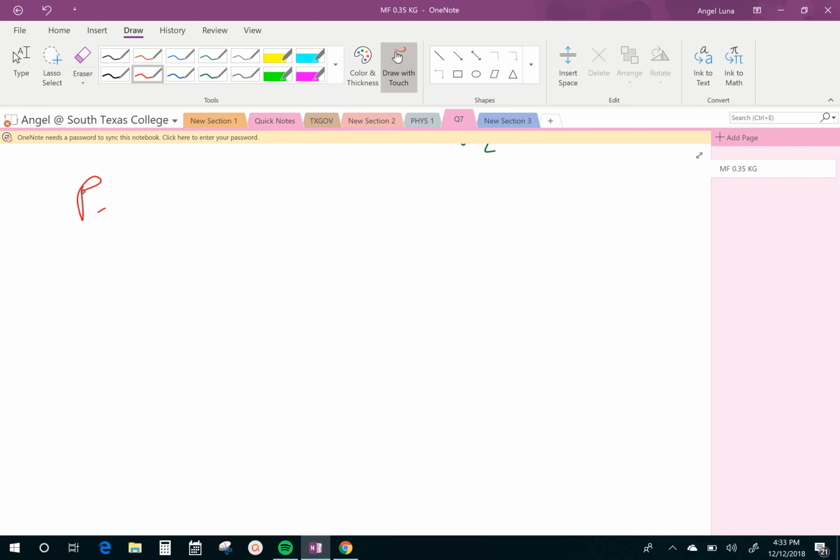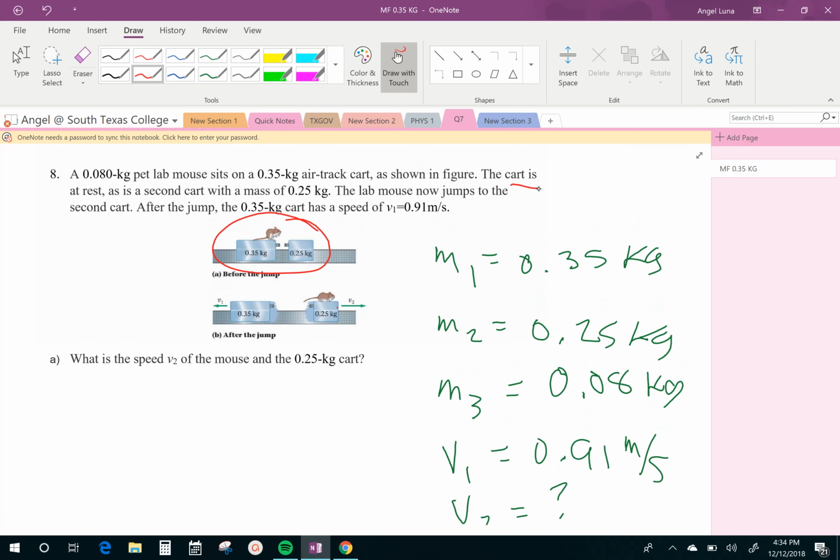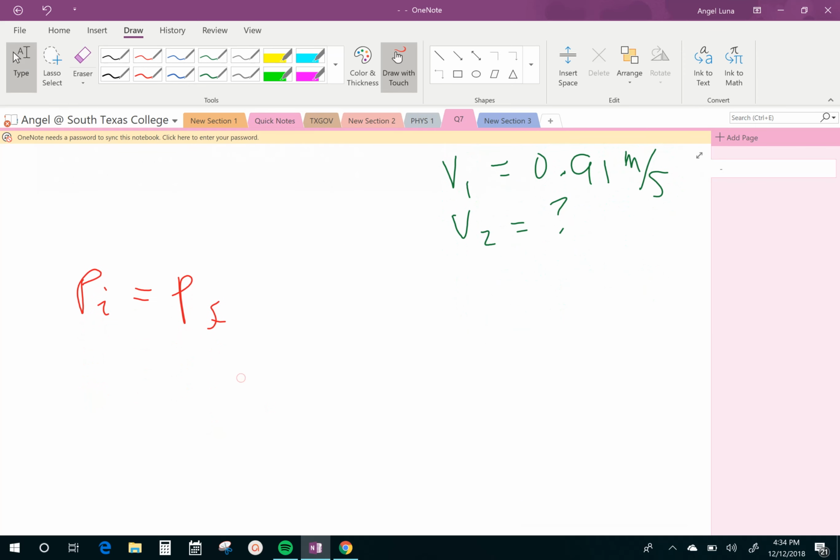Now, if we're looking for initial momentum, we have to understand that there is no momentum in the system because the cart is at rest, meaning that there will be no momentum. So to make things easier on us, we can set up our formula as 0, which is the initial momentum, equals m1v1 plus (m2 plus m3) v2.